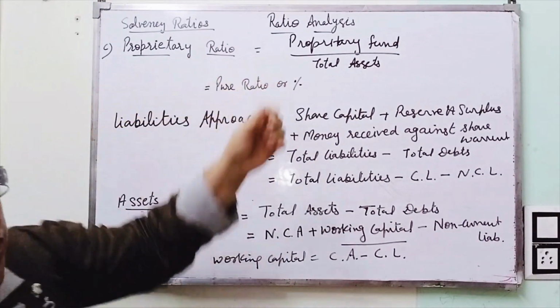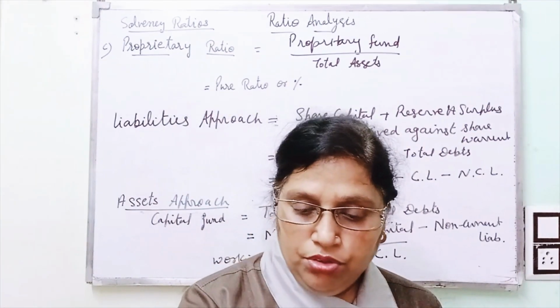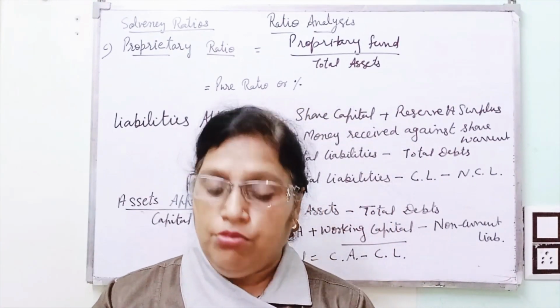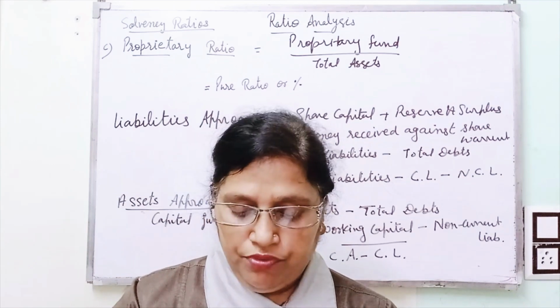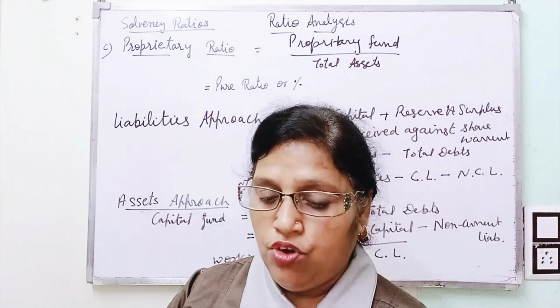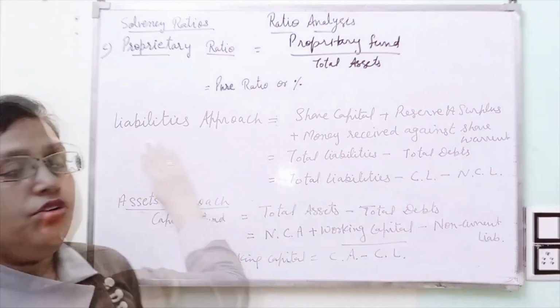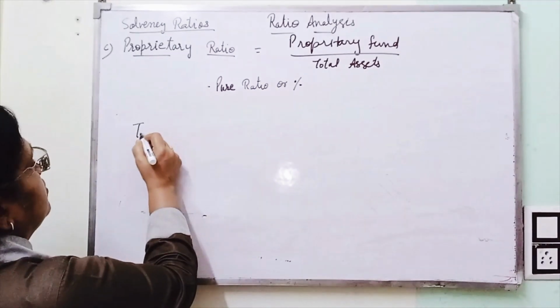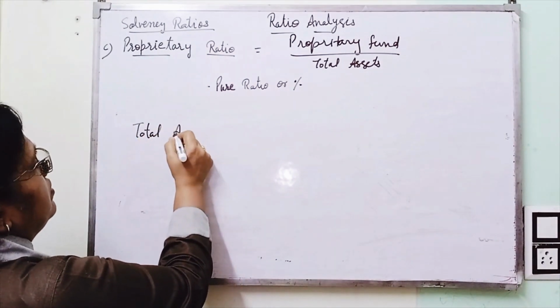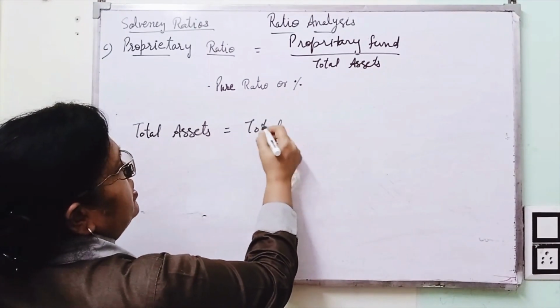Now in the same way, how can we calculate total assets? Total assets are always equal to total liabilities.